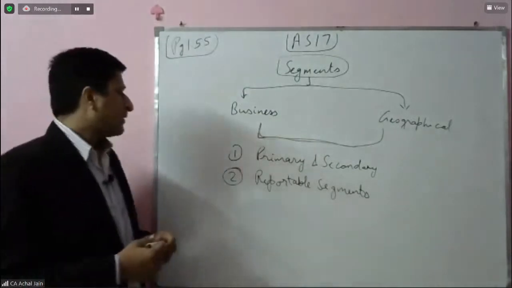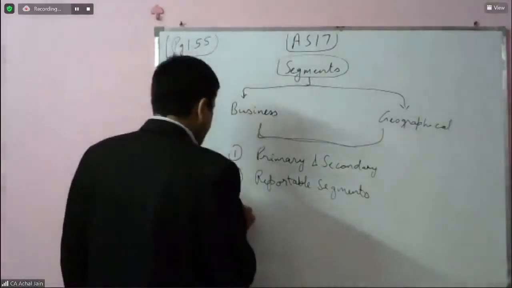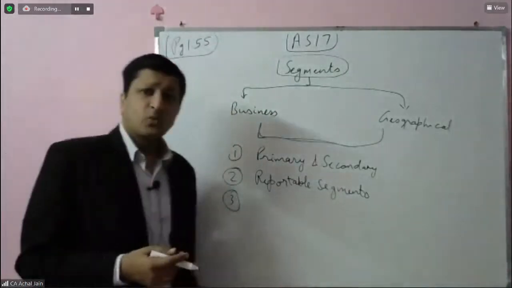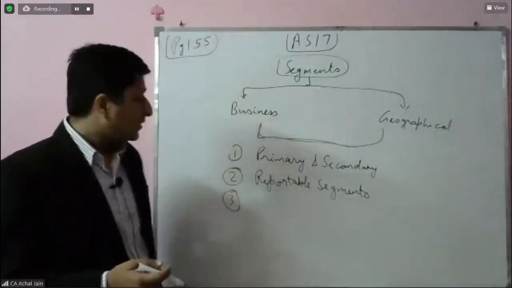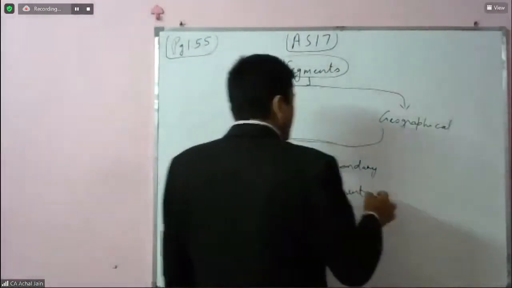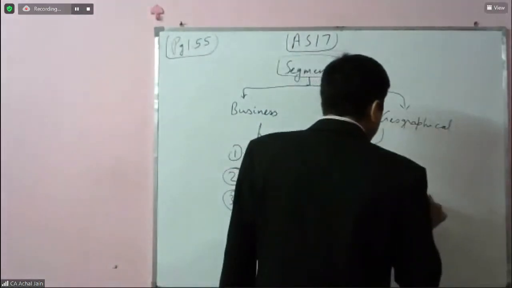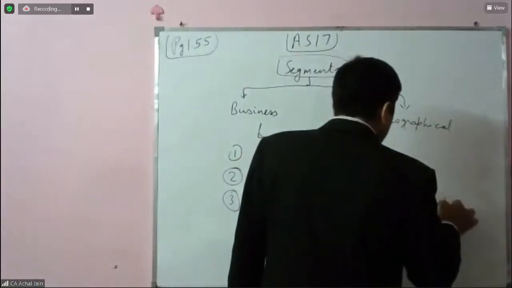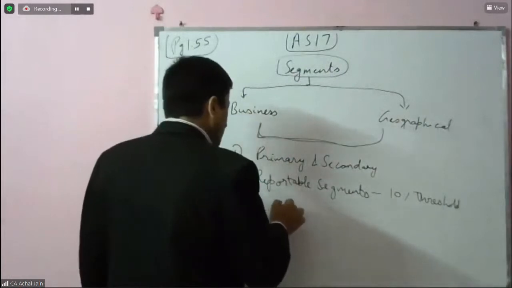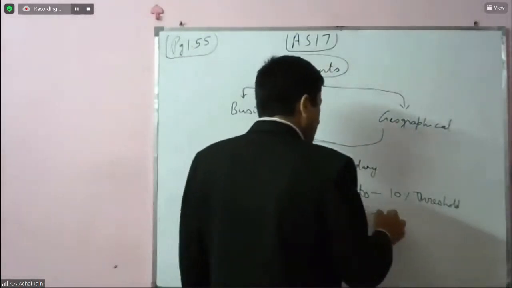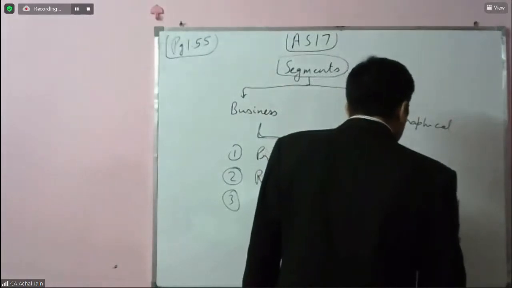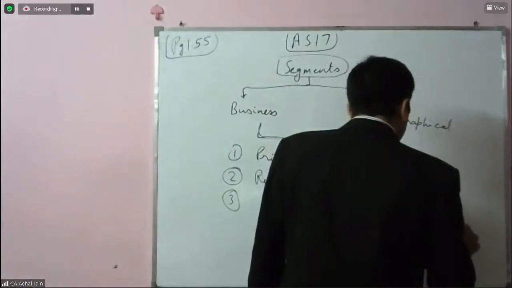Number three is to check the quantitative threshold of 75%. So for this, what I'll say is reportable segments on the basis of 10% threshold. Then again, reportable segments on the basis of 75% threshold.